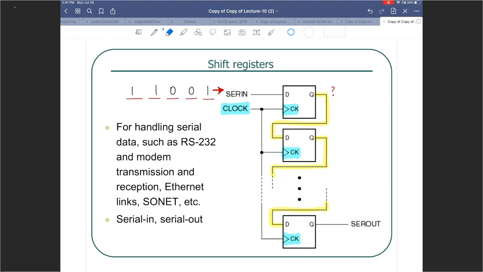Well, this should go to 1, right? Because I am pushing data. The first bit comes in, then the next bit, then the next bit, because of the serial input, right? So I'm pushing things this way. First 1 goes in.